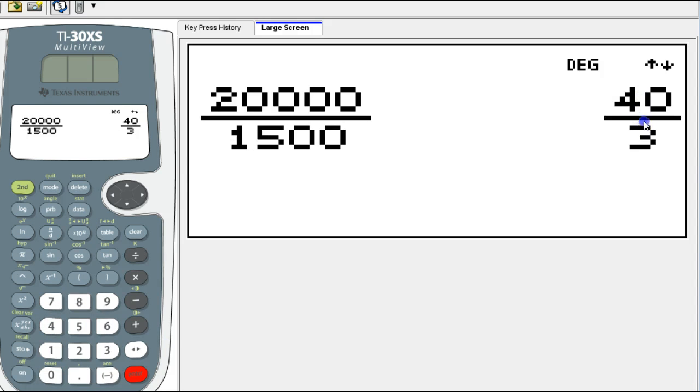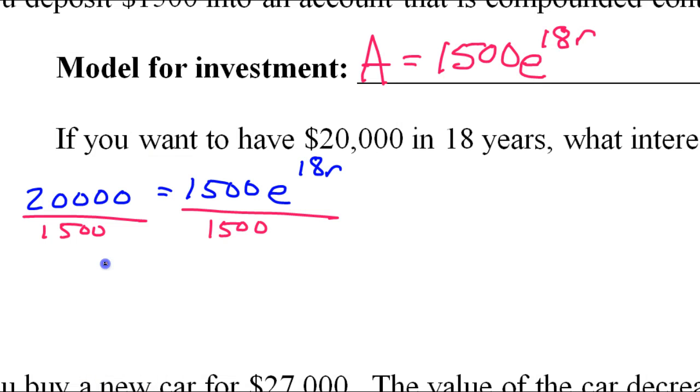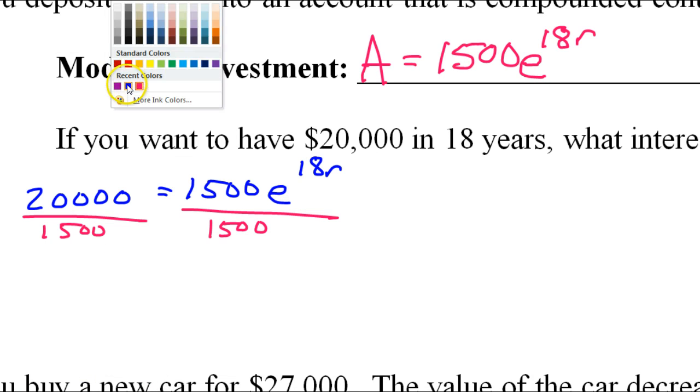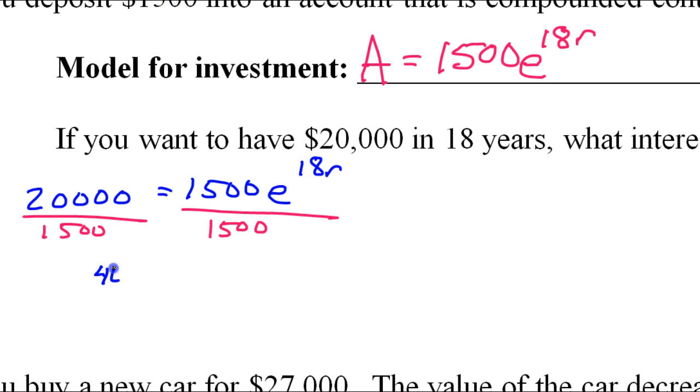And I don't want to round, so I'm going to leave it like that, 40/3. If you can avoid it, you should try not to round until the very, very last step. If you do have to round mid-problem, carry 4 decimal places until the end. So anyway, we have 40/3 is equal to e to the 18r power.